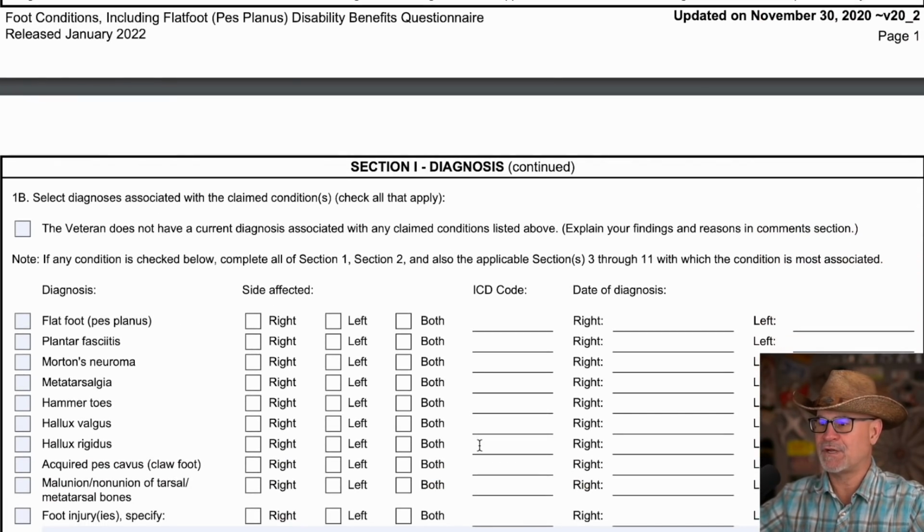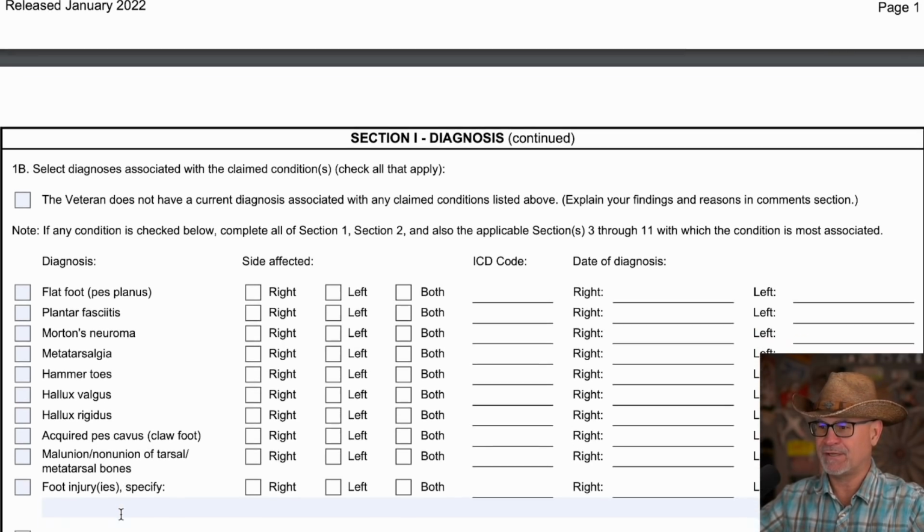And here's all the conditions here. Flat foot, plantar fasciitis, Morton's neuroma, metatarsalgia, hammertoes, hallux valgus, hallux rigidus, acquired pes cavus, malunion, non-union of tarsal, metatarsal bones, foot injury, which is kind of like a catch-all.